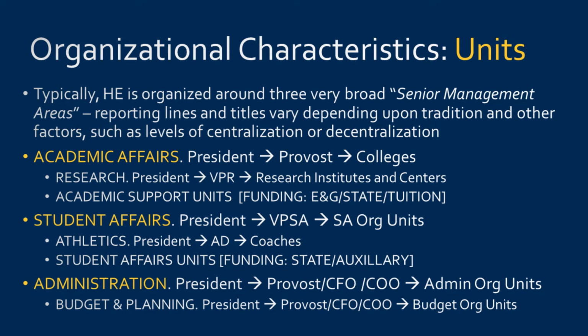If you're curious about the many different student affairs organizational units that exist, go to the CAS Standards website, the Council for the Advancement of Standards in Higher Education website. This website provides most of the co-curricular units that exist on an academic campus, and I think there's something like 42 units listed.